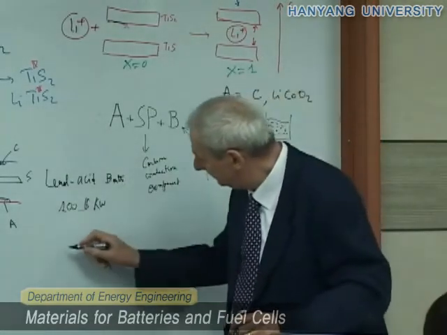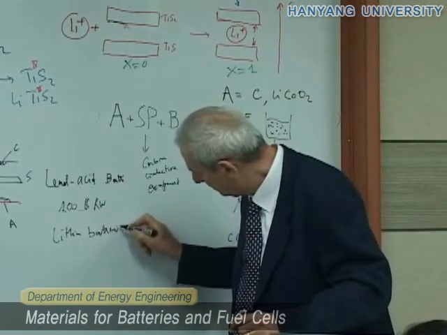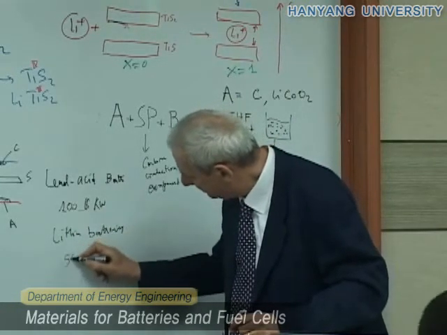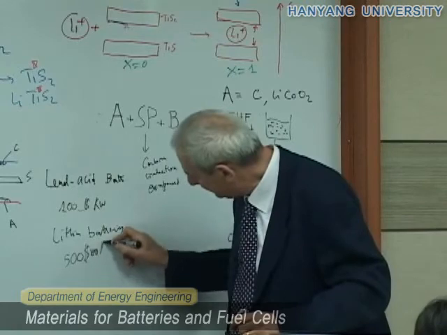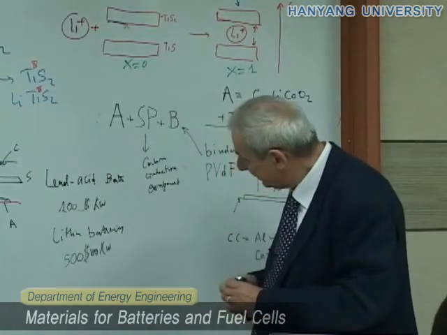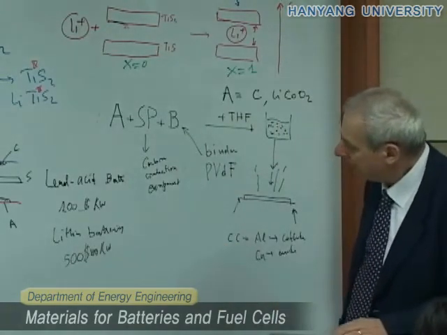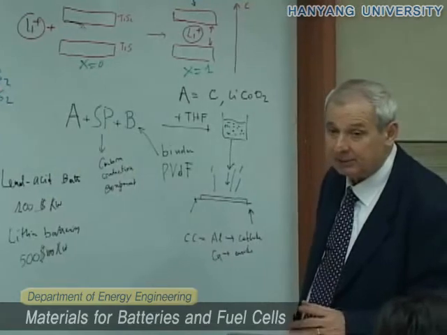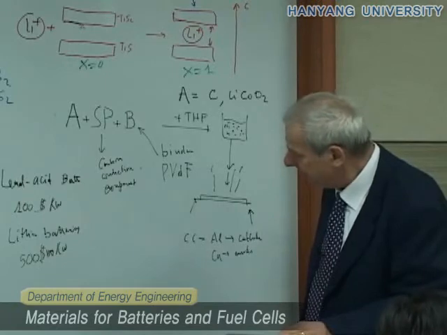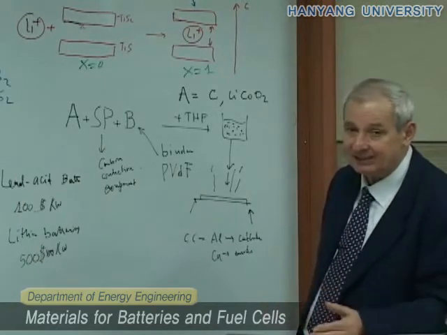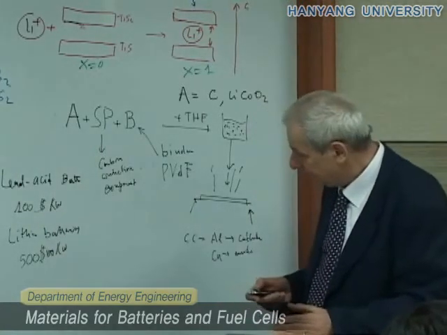The cost of lithium maybe is 500, maybe something more, but let's say $500 per kilowatt hour. So people say, well, if lead acid battery is much cheaper than lithium, why should we use lithium? Well, because if the energy efficiency of lithium is 10 times that of lead acid, that means that the price is competitive. Clear, huh?